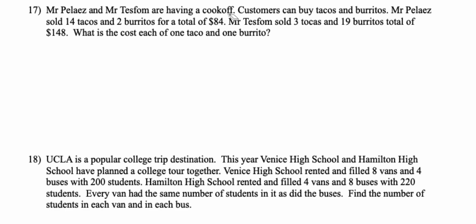To do this, we're going to have to write our own equations and set up a system of linear equations, and then solve using one of our tools. I'm going to make Mr. Polias blue and Mr. Testfoam green. I'll read the question again, but all of the information related to Mr. Polias, like 14 tacos and 2 burritos for $84 in total, I'm going to put in blue.